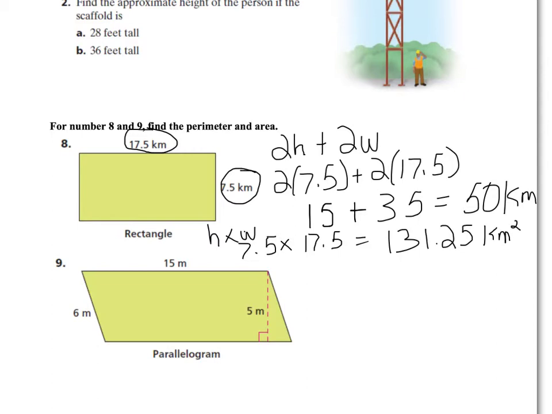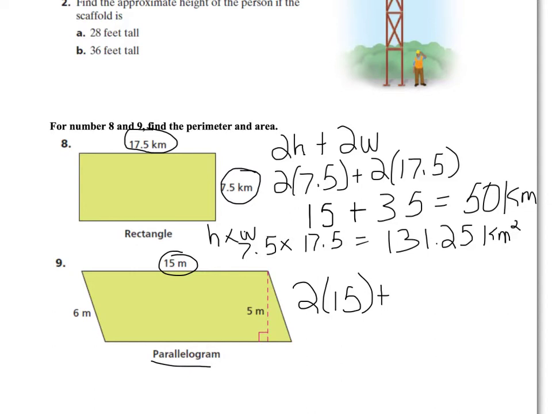Okay, now we are going to figure out the perimeter and area of a parallelogram. Right. So in a parallelogram, we'll do the perimeter first. The perimeter is 2 times the base plus the side length. So the base in this parallelogram is going to be 15 meters. So 2 times 15, and then plus the side lengths.